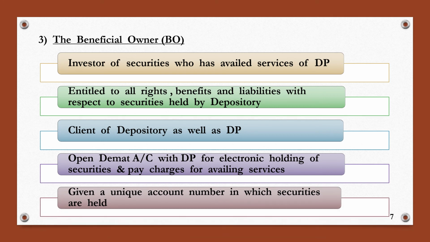Lastly, just like customers of bank have a separate account number, in a similar way, even BO is given a unique, that is a separate account number wherein the securities are held by the depository. So accordingly, the simple meaning of beneficial owner is nothing but a person who invests in the securities of the company.